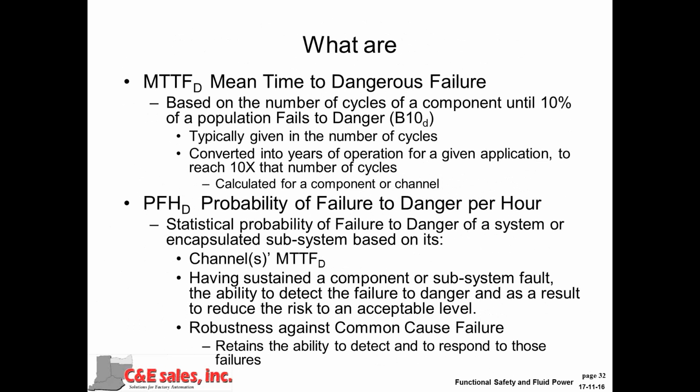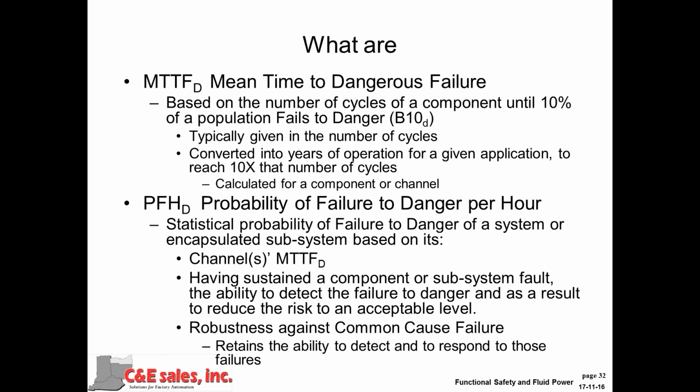The probability of failure to danger per hour, PFH sub D, is a statistical number which defines the probability of failure to danger of a system. It is based on the mean time to failure of the components, individual or in individual channels, and the circuit's ability to safely shut down the hazard if that failure occurs, usually by some system of detection of that failure.